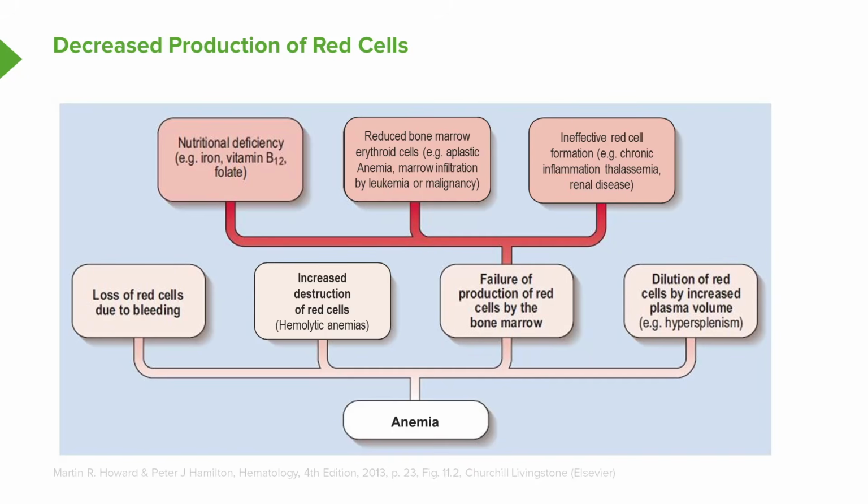And you'll see that all of those feed down into a failure of production of the red cells by the bone marrow. On the left, at the bottom line, you'll see two causes of loss or destruction of red cells: bleeding or increased destruction through hemolysis. And finally, on the right-hand side, an unusual cause of anemia, which is where it's just apparent because of dilution of the red cells by an increased plasma volume.